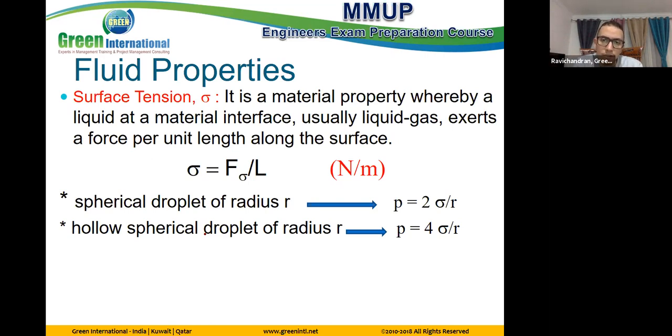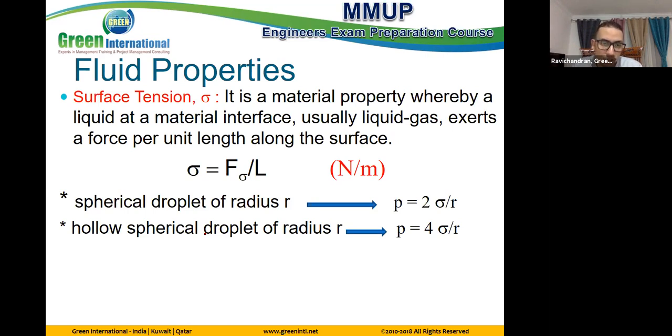By the way, don't go into details. Surface tension is a function of force and length, the same as viscosity is a function of shear stress and velocity gradient. Surface tension equals the force due to surface tension per unit length.